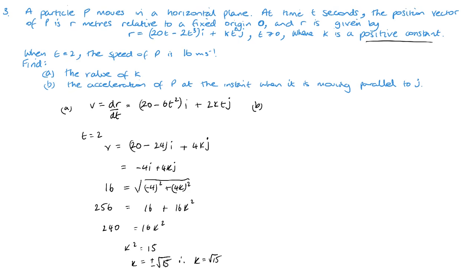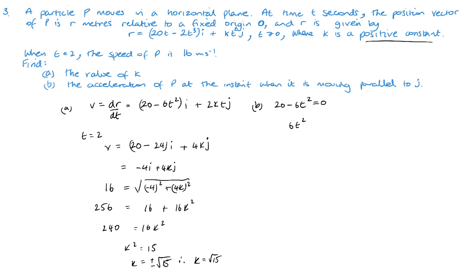Now part B, the acceleration of P at the instant when it is moving parallel to j. So when it's moving parallel to j, it means it's moving vertically, so there's no i component of its velocity. Okay, so when we're looking at the velocity, the i part is 20 minus 6t squared, and that is going to be equal to 0.